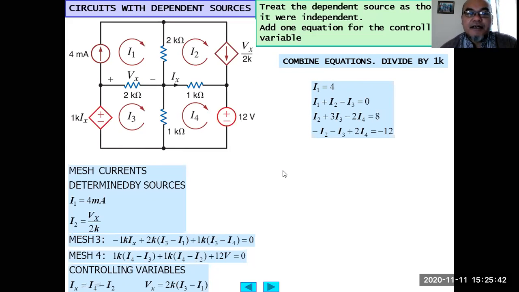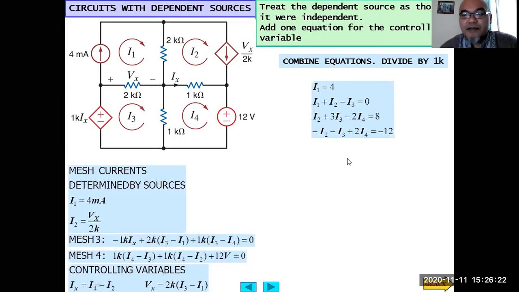Then we have I1 equals 4, I2 minus I3 equals 0, I2 plus 3I3 minus 2I4 equals 8, and then finally minus I2 minus I3 plus 2I4 equals negative 12, moving the constant to the right-hand side of the equation.